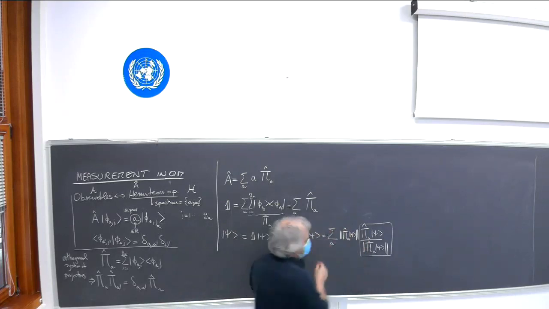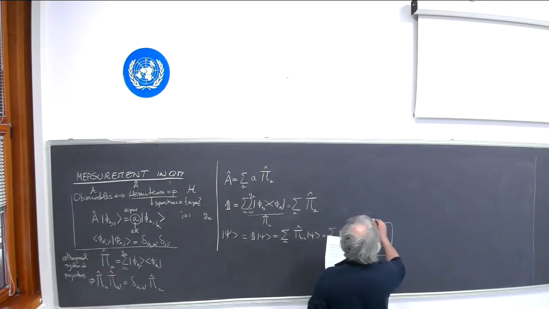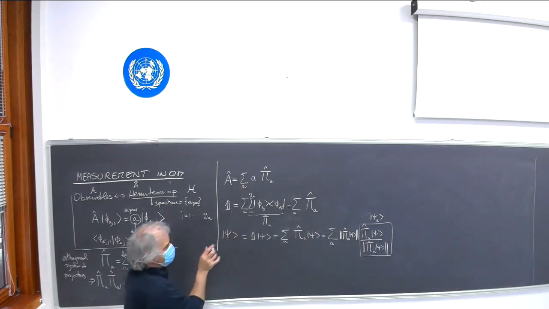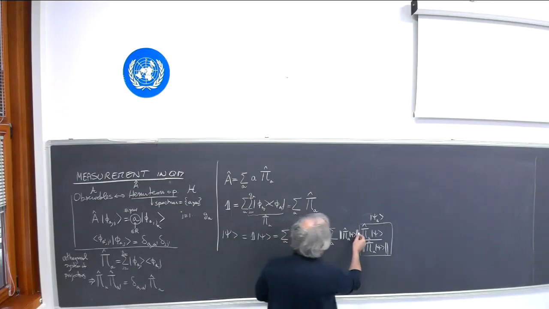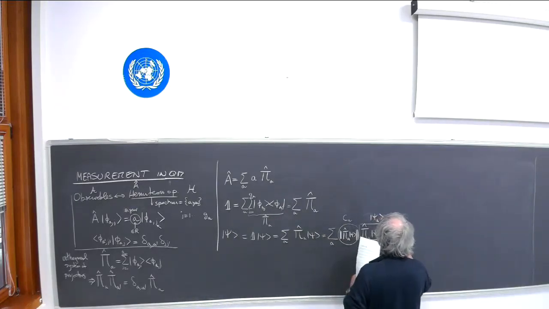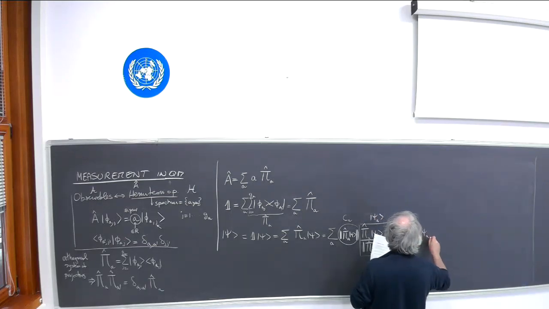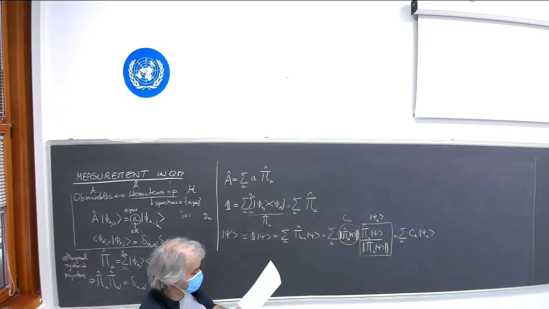And this is the length of the projection, which I keep track of separately. I'll give names to these things. This object will be my psi A, which is the original psi projected along the A eigenvalue, but with unit norm. This is a coefficient, C A. So I've rewritten my state as a sum over all eigenvalues, C A times psi A, where these are projected along each eigenvalue, but with unit norm.